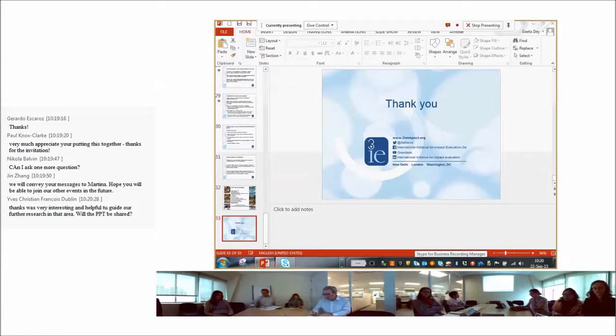What do you see as the advantages of the gap map as opposed to something like a rapid evidence assessment? Thank you.